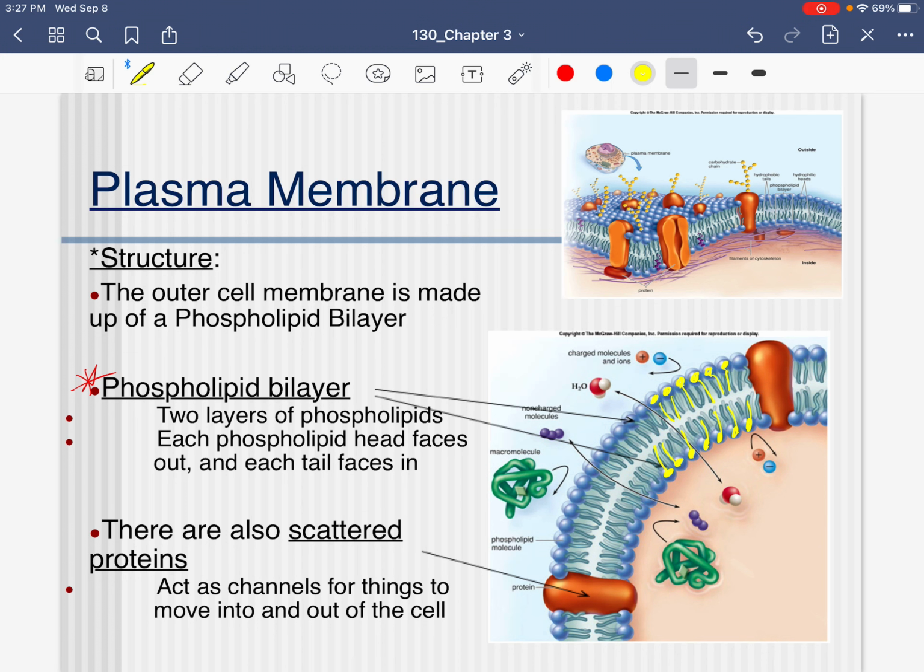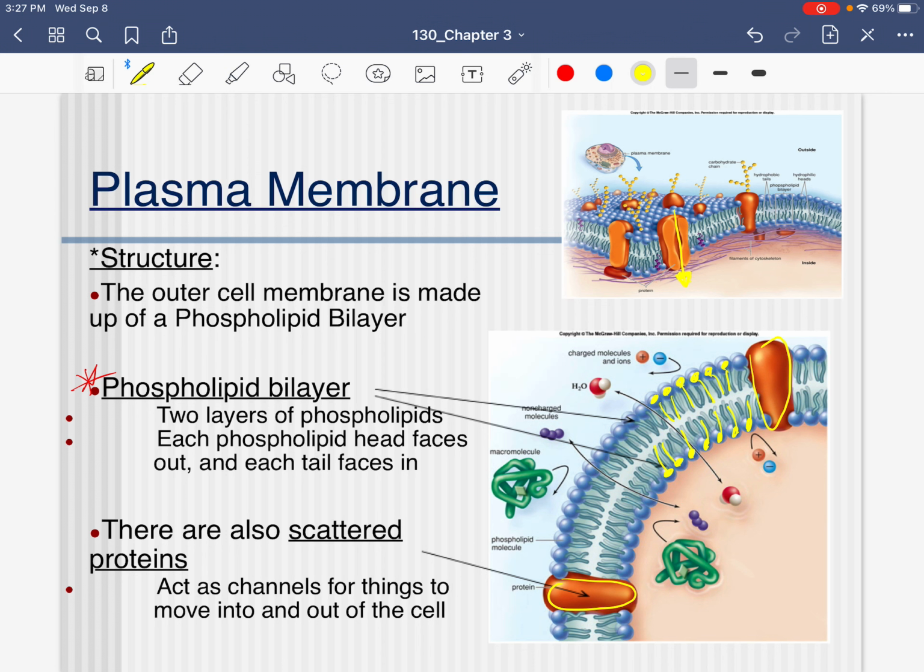Really important. Phospholipid bilayer. Now, there are also, scattered throughout, some proteins. These are going to act as channels. If you look at the picture up top, we can see a cross-section, and you could imagine how this little protein could act as a channel.